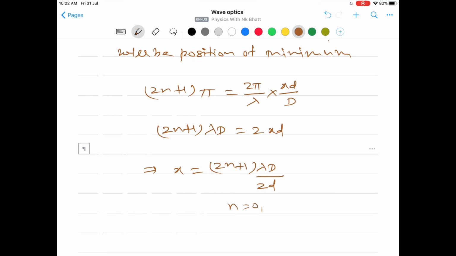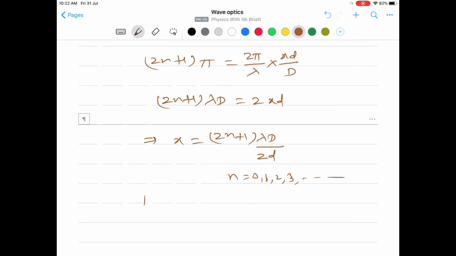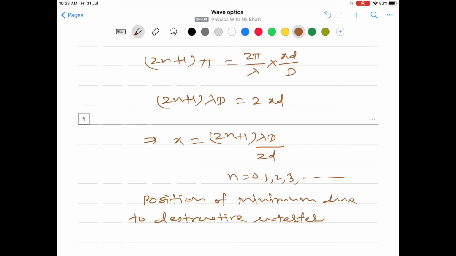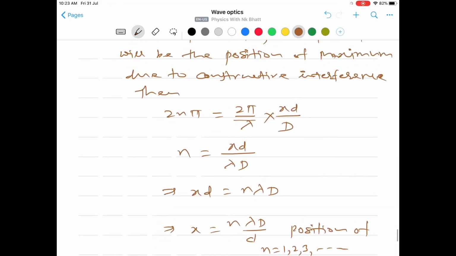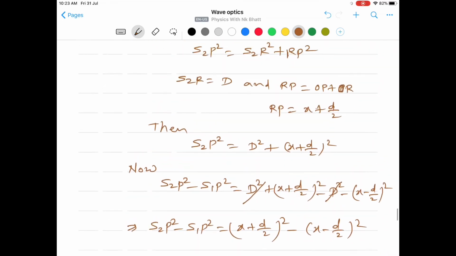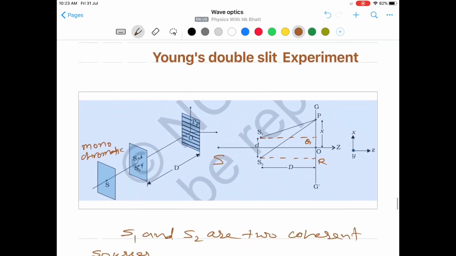Here n is equal to 0, 1, 2, 3 and so on.